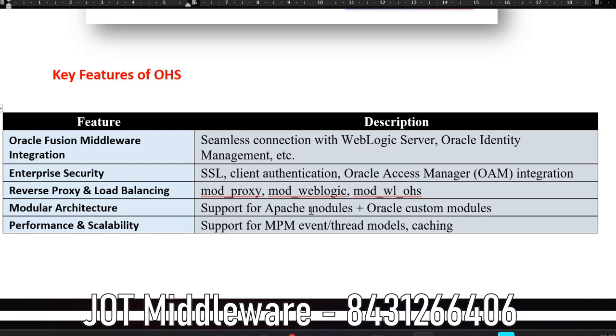OHS supports two types of modules. One is generic modules that ship with Apache, like mod_proxy, which is used to proxy the request to the backend application servers.